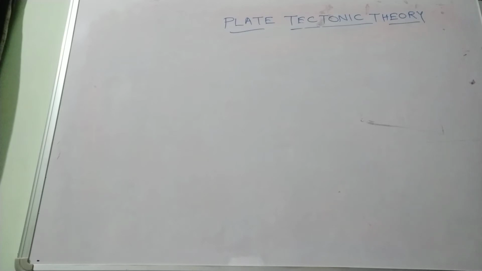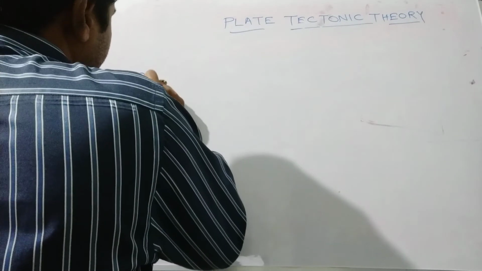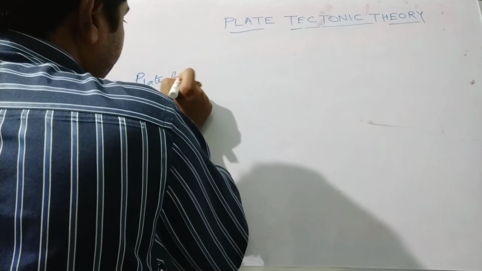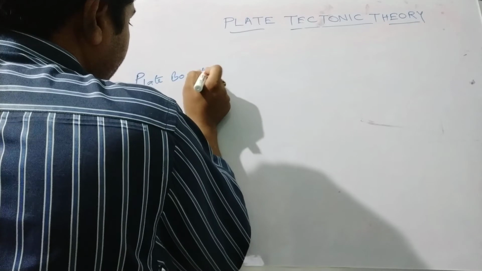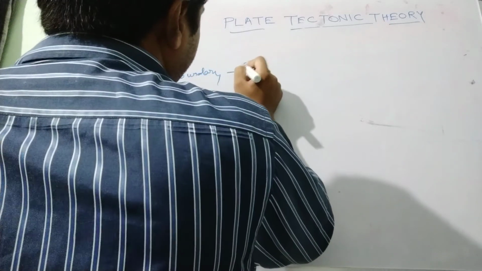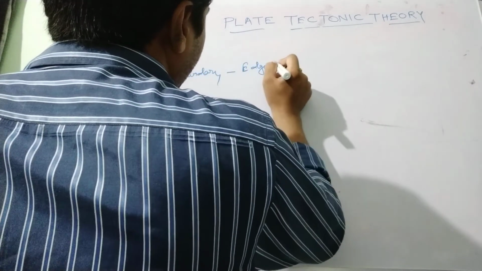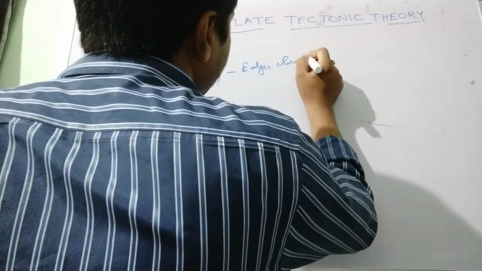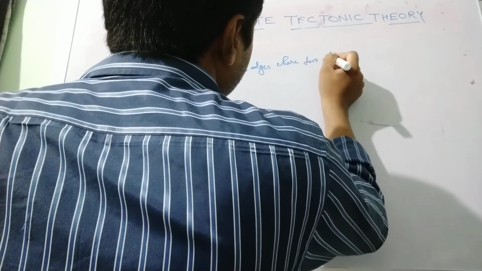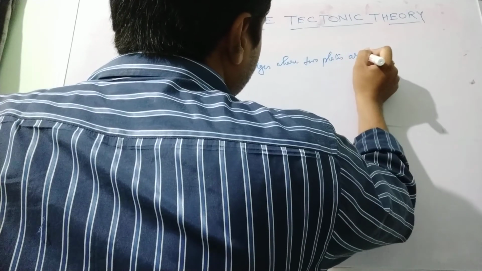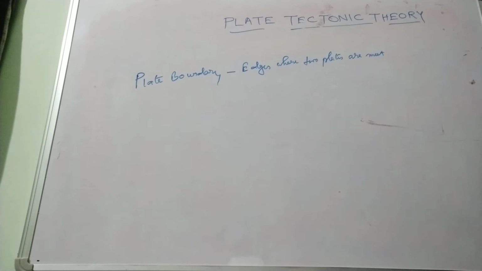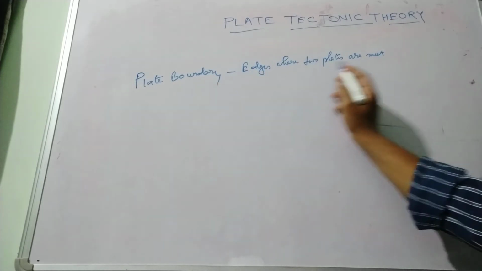So plate boundaries are the edges where two plates meet. Right? And most of the geological activities like volcanoes, earthquakes, mountain building, etc. occur at these plate boundaries.